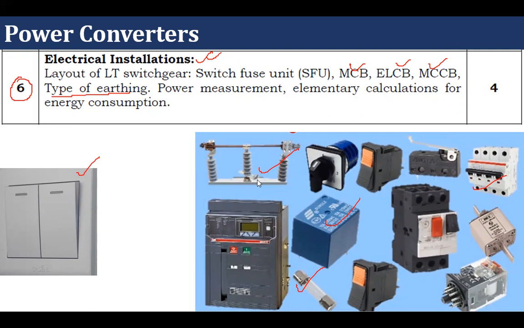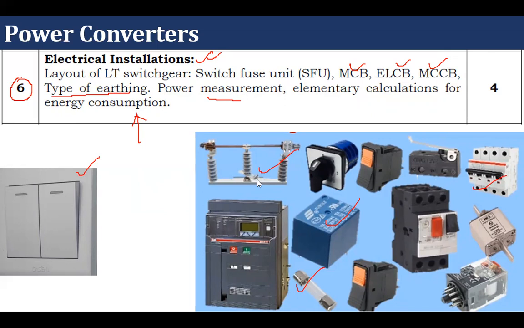Then after we have to know how we can measure the power, and then how much energy will be consumed by a particular appliance, that we need to calculate. Like easily, if I know the consumption of a particular appliance, then I can easily calculate how much energy it is going to consume if it runs for a given number of hours.